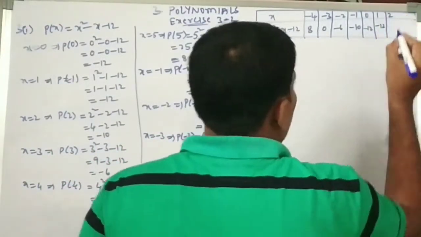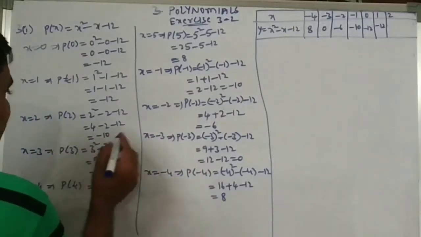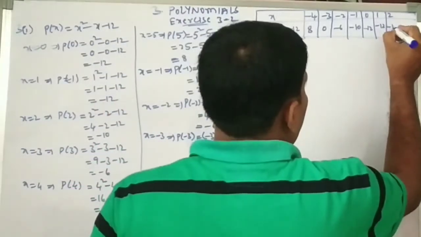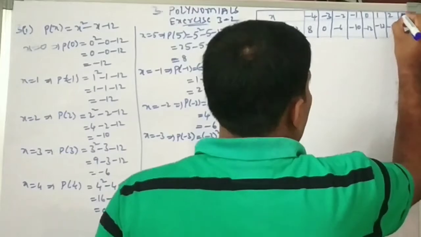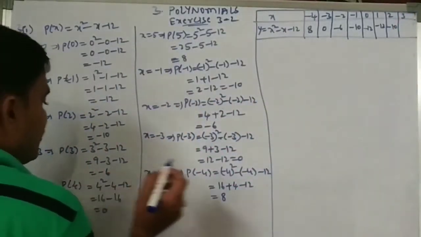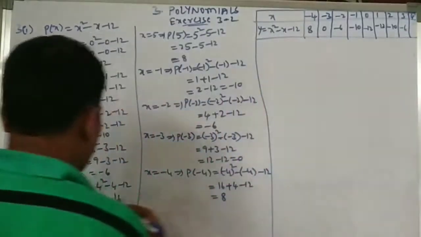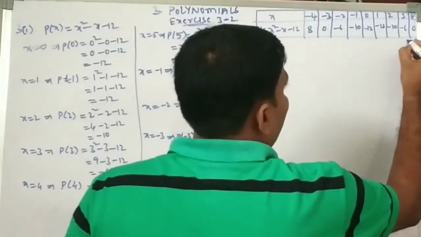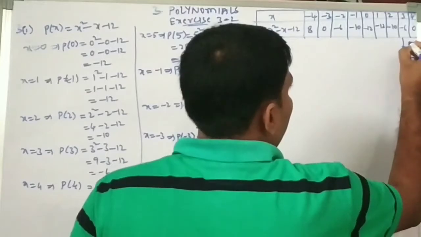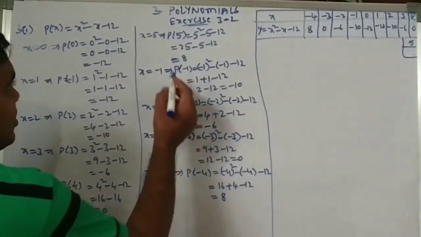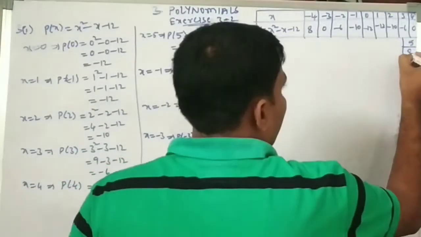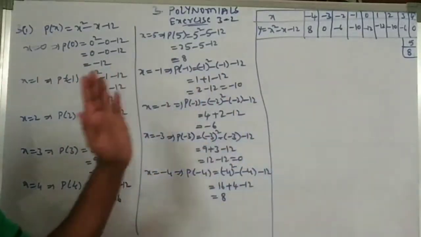If we take 2, we get minus 10. If we take 3, minus 6. If we take 4, 0. If we take 5, we get 8. So these are the values we got.